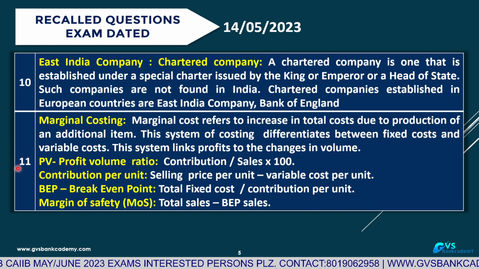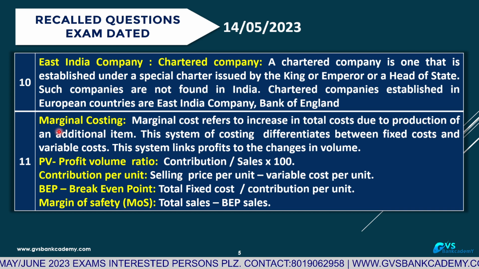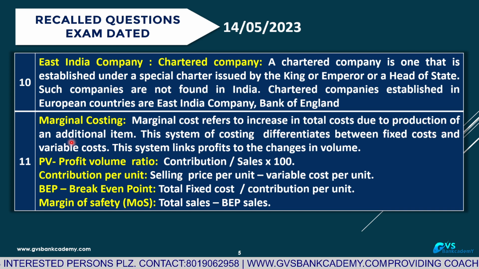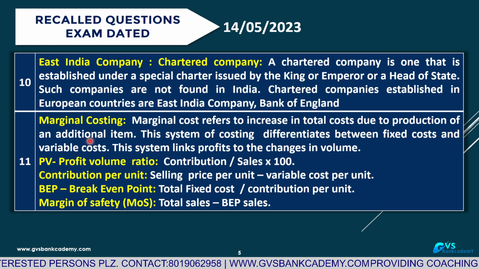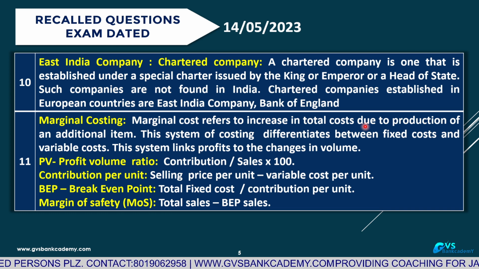Again, 11th question, marginal costing. 3 to 4 questions are asked. What is meant by marginal costing? Marginal cost refers to the increase in total cost of production due to production of an additional unit. If you are producing additional items, total cost is going to increase.